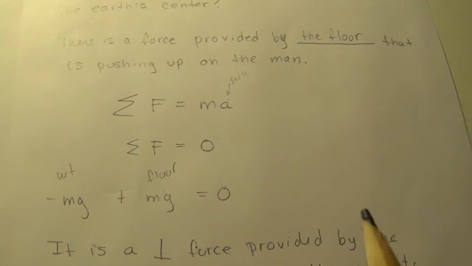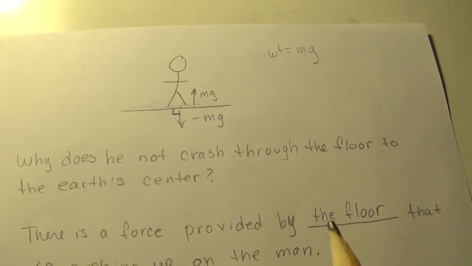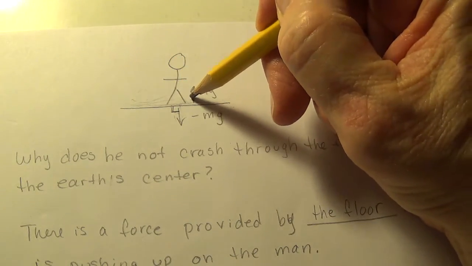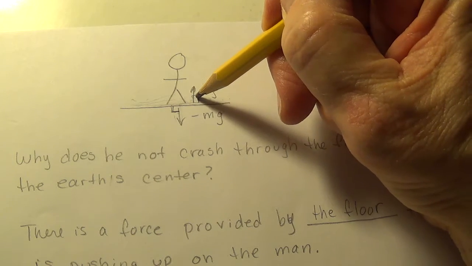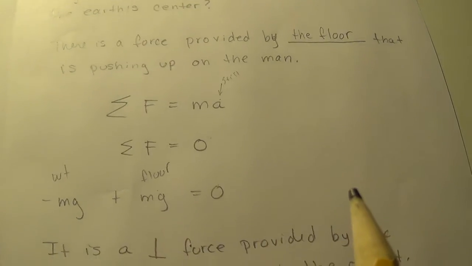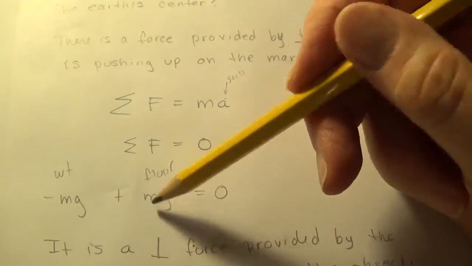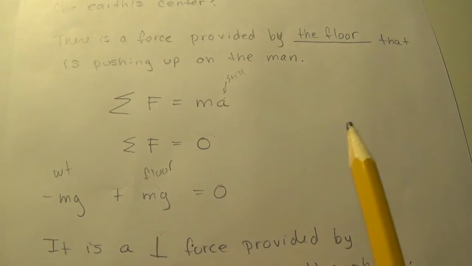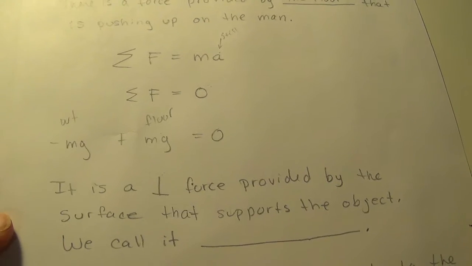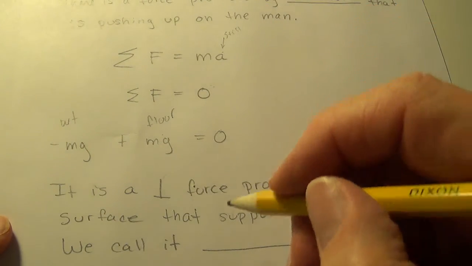So it is a perpendicular force. Notice the floor is providing the force, but the force is upward. So we have this perpendicular arrangement. So I indicated that with a symbol for perpendicular right here. It is a perpendicular force provided by the surface that supports the object, and we call it force normal.